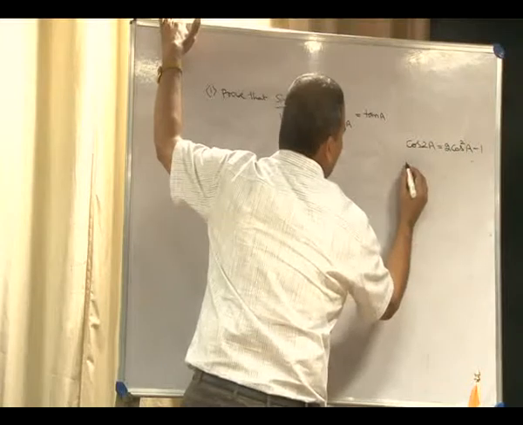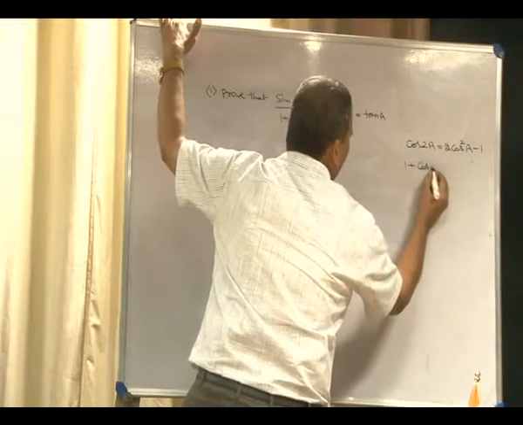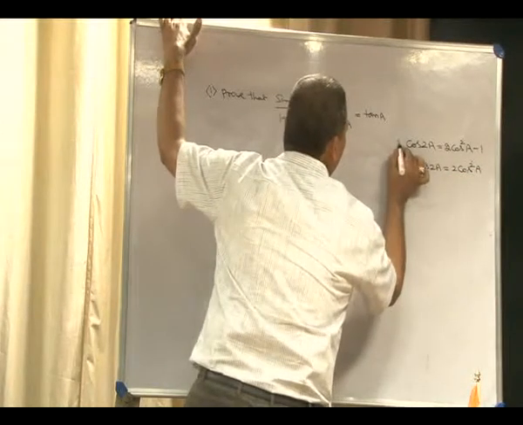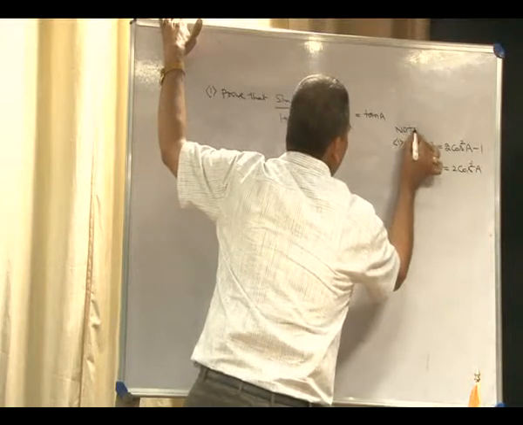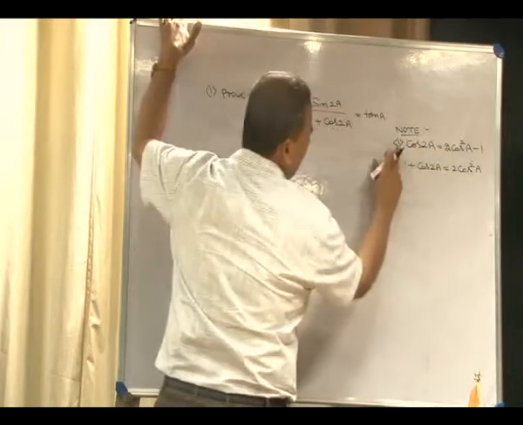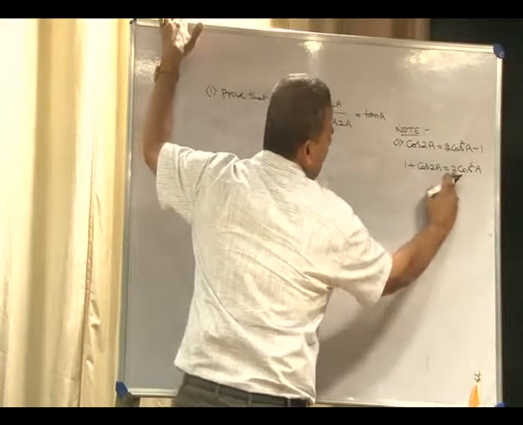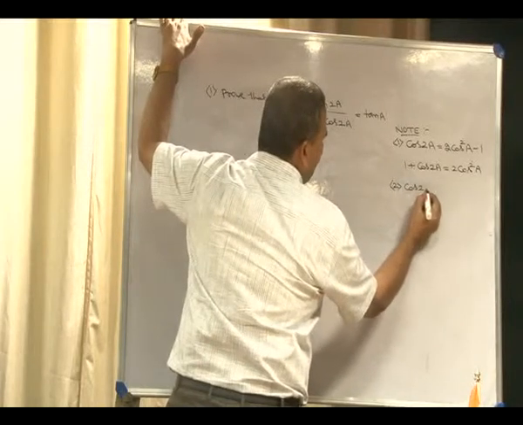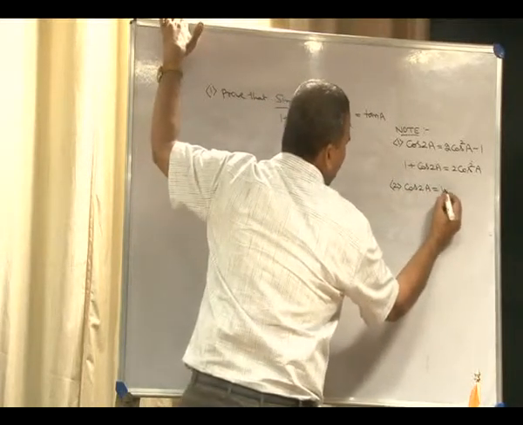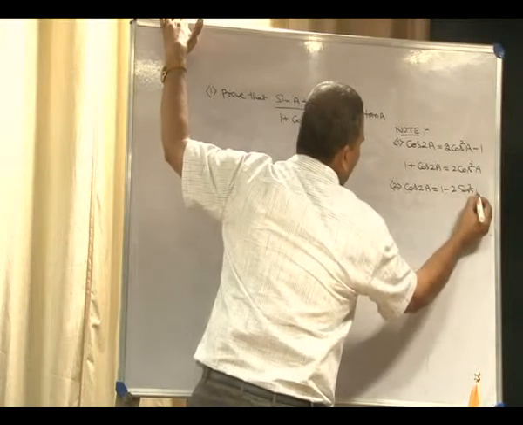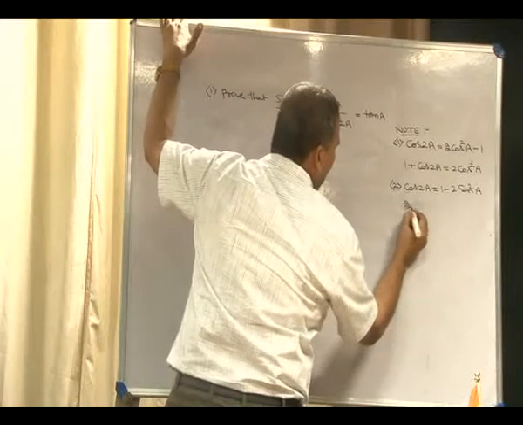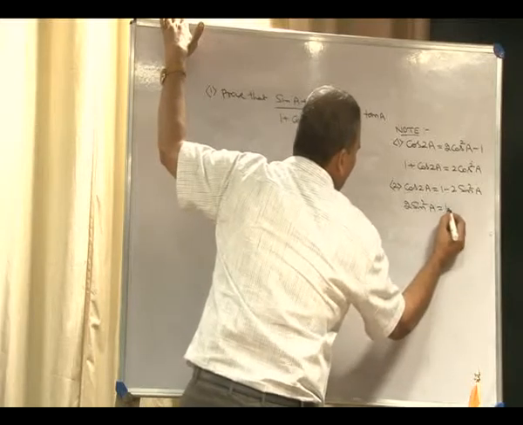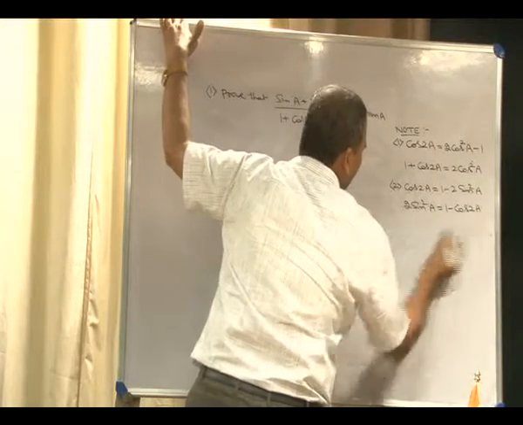Take minus 1 to left side, then we get 1 plus cos 2A equal to 2 cos square A. Note, 1 plus cos 2A is 2 cos square A. The formula for cos 2A in terms of sin is 1 minus 2 sin square A. Take 2 sin square A to left side and cos 2A to right side: 2 sin square A equal to 1 minus cos 2A.